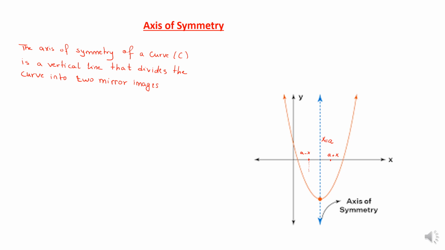If you look at their y values, you can see that they have the same y value. They are on the same height. In this case, we call x equals a an axis of symmetry.